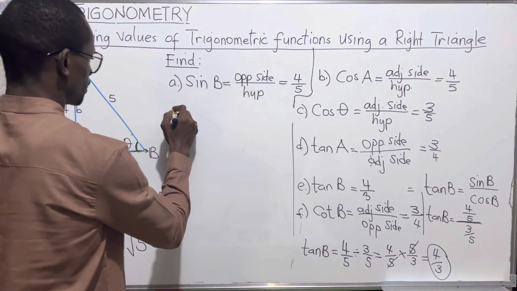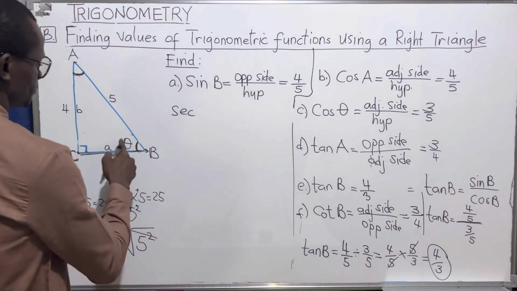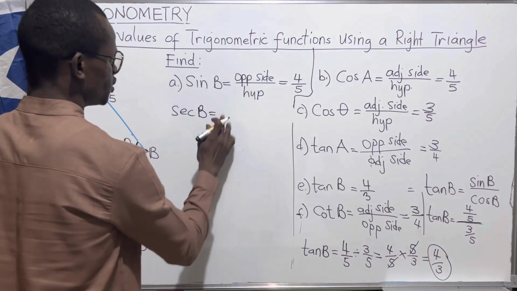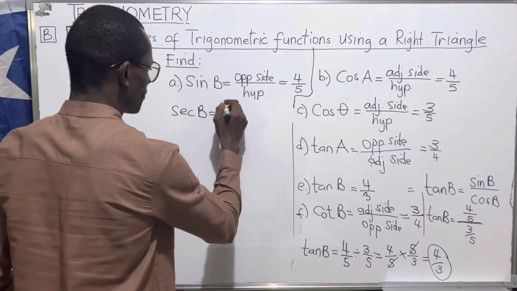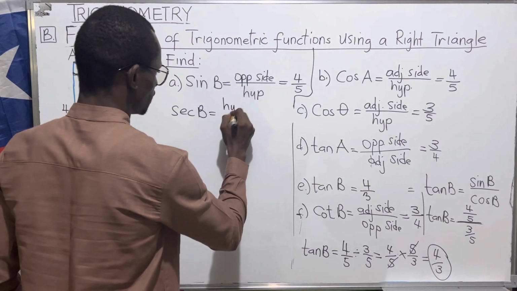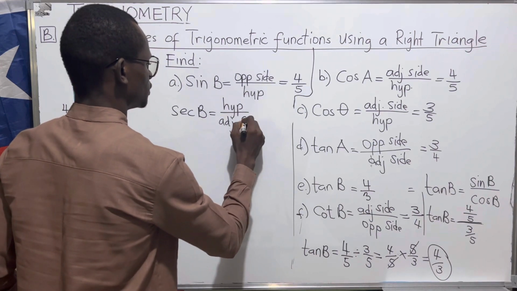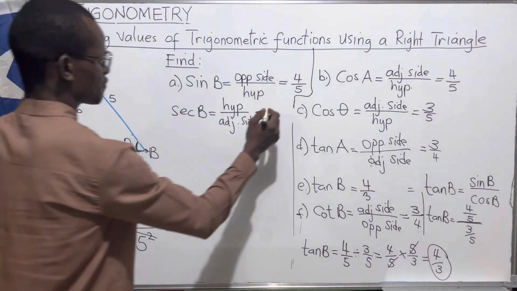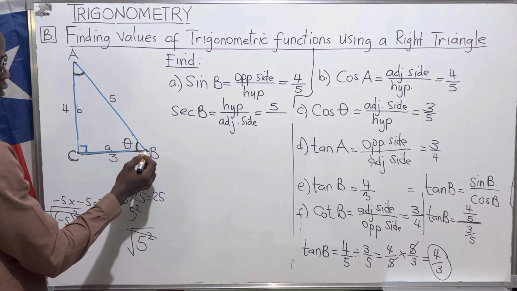Additionally, let's do the last one: secant. What if we want to find secant of angle B? We know that secant is equal to hypotenuse all over adjacent. Which side is the hypotenuse? This is 5. And which side is adjacent to angle B?